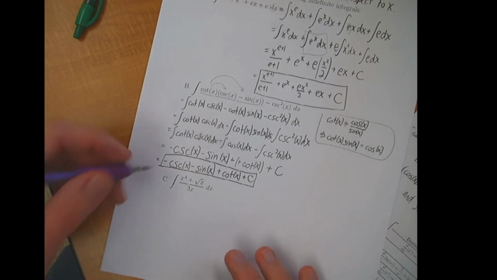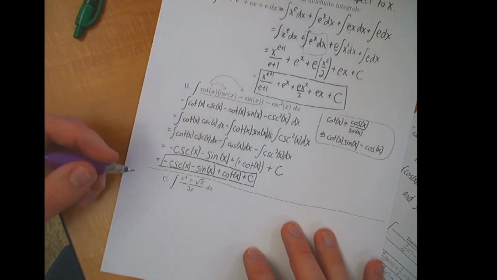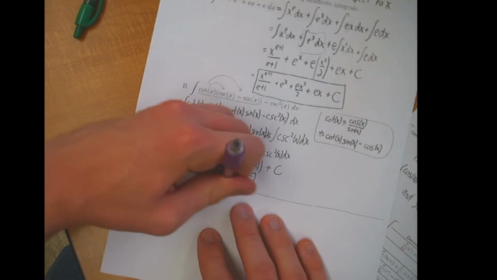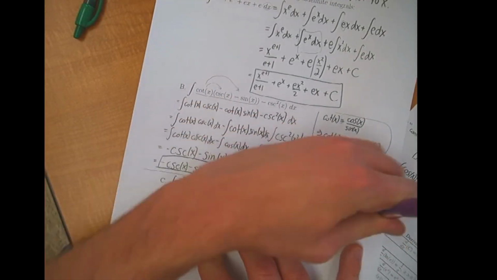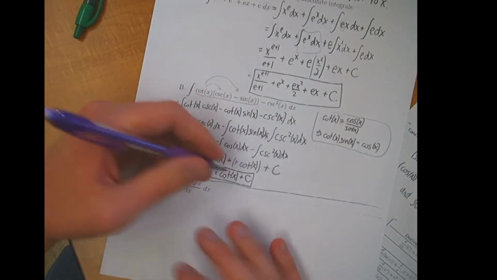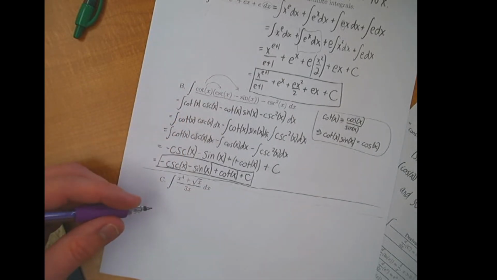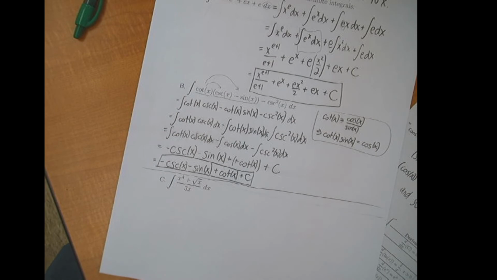So now let's take a look at part C here. So here what we have is x to the fourth plus the square root of x, all divided by 3x.